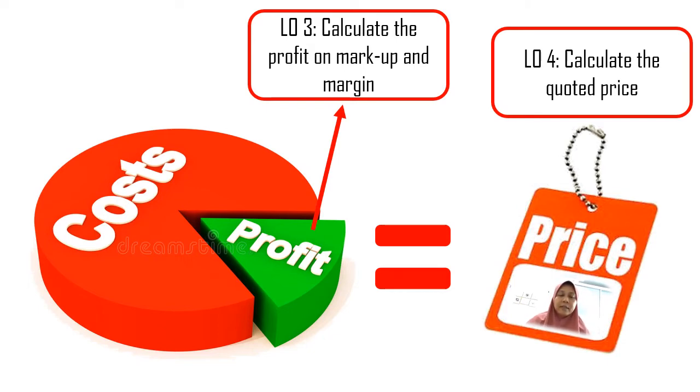As for learning outcome number 4, from the calculated profit, students must be able to calculate the quoted price given the equation of cost plus profit equals selling price.